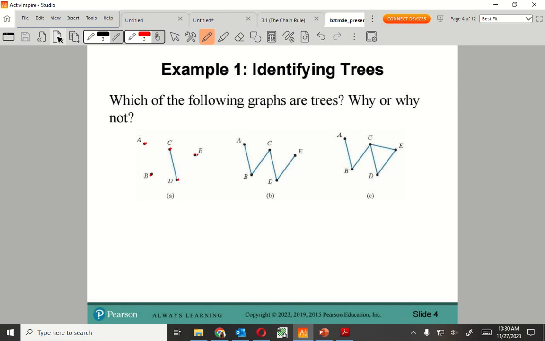This first one does not have enough edges, so I'll write that in here. B. Let's look at this second one. 1, 2, 3, 4, 5 vertices. So how many edges should I have there?